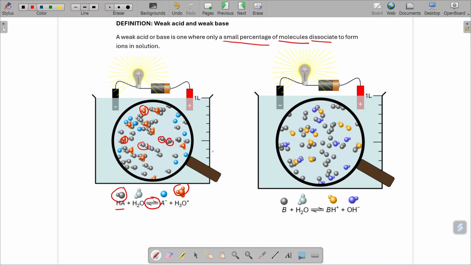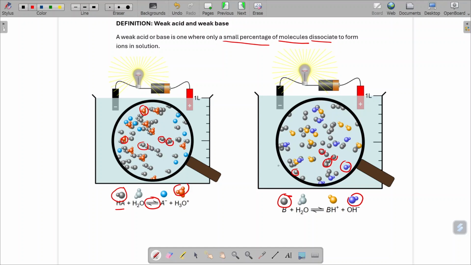Similarly, with a weak base, the same thing happens. If you look at this, this is the base particle, the molecule. You can see there are lots of these base particles still in the solution, and only very few of them have formed hydroxide ions. And therefore, this is a weak base.